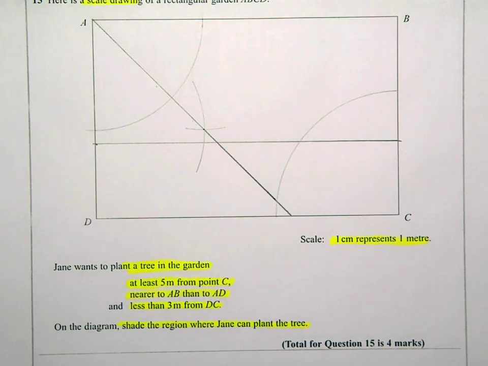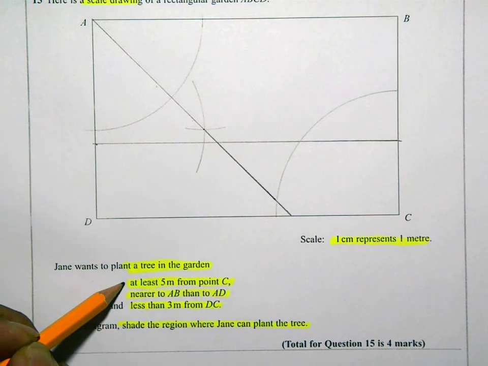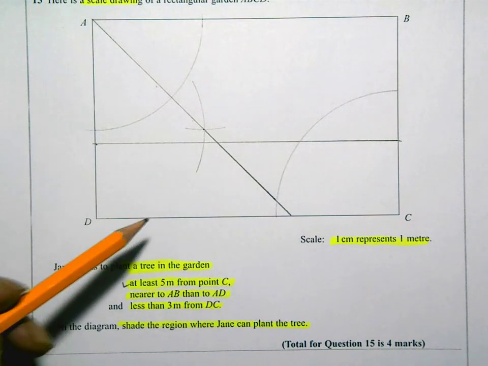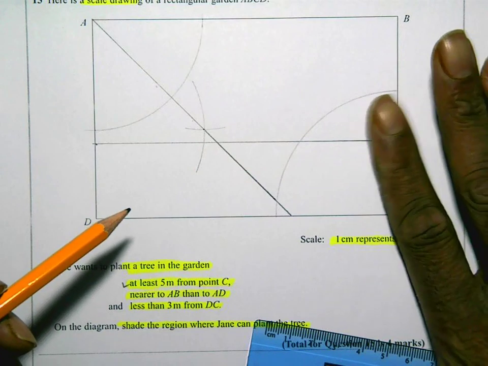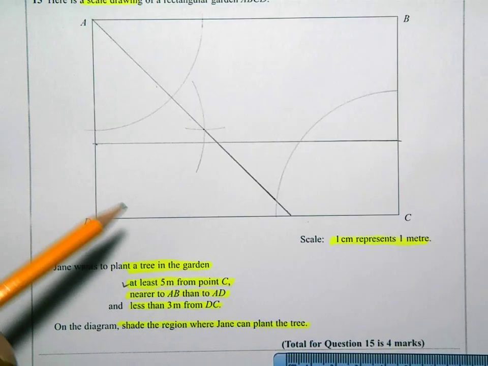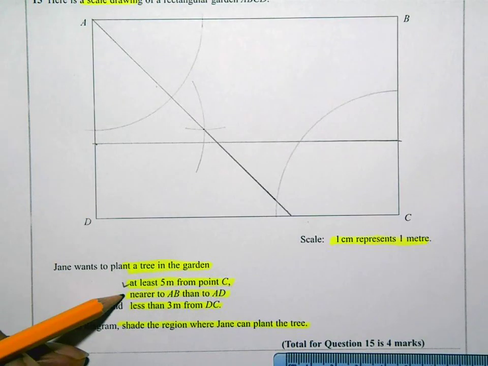Given that I've just done that last bit, where do I need to shade? Well, let's think about each of them. The tree needs to be at least 5 meters from point C, so it can't be inside of that quarter circle, it has to be on the outside altogether. Then it needs to be nearer to AB than to AD.